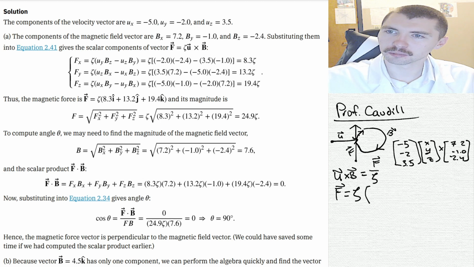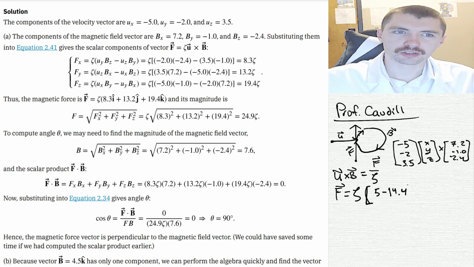Okay, so I want big brackets here. So it's going to be 5 minus 7.2, right? Yes. So 5 minus 14.4.